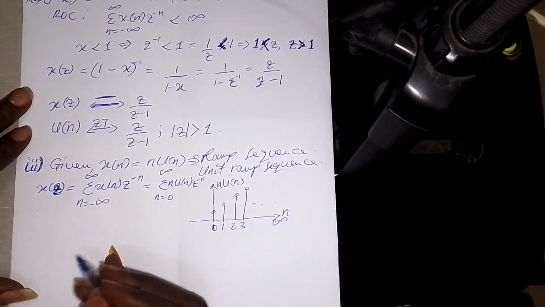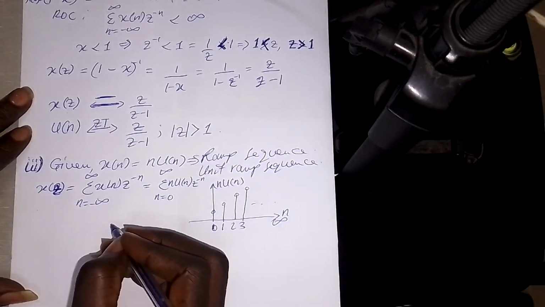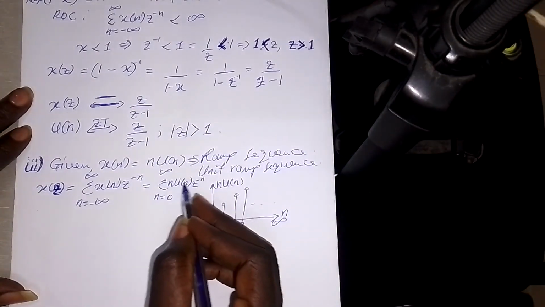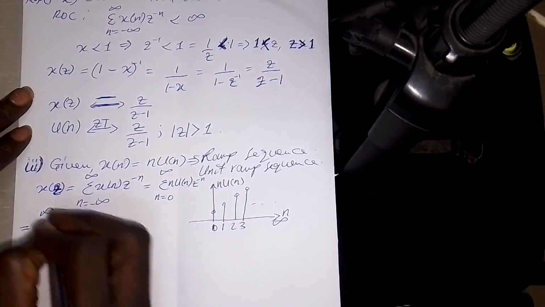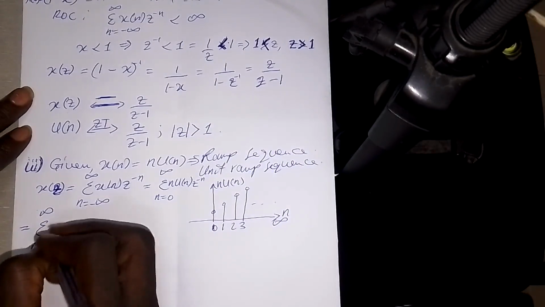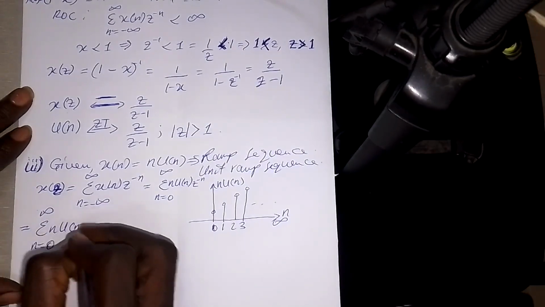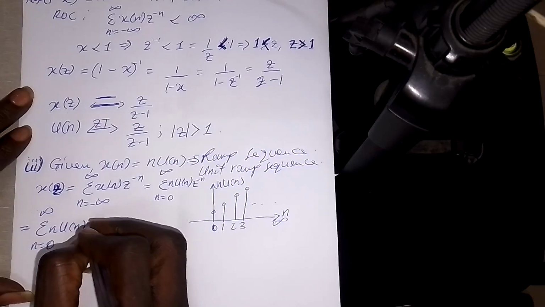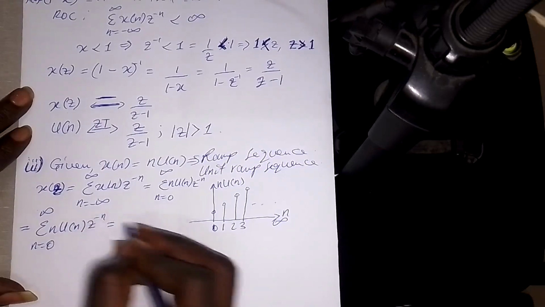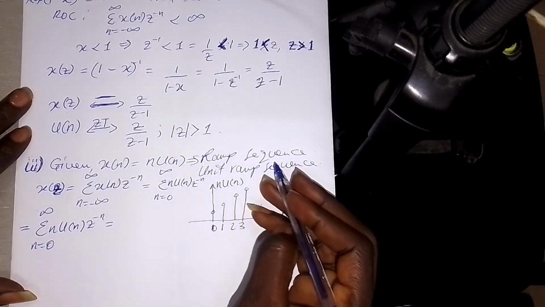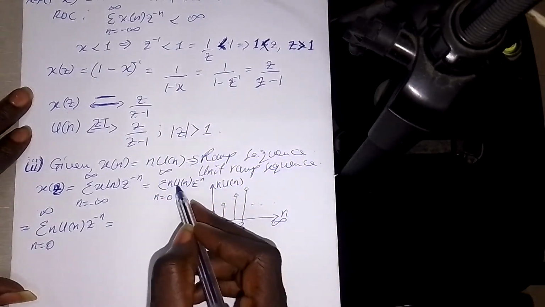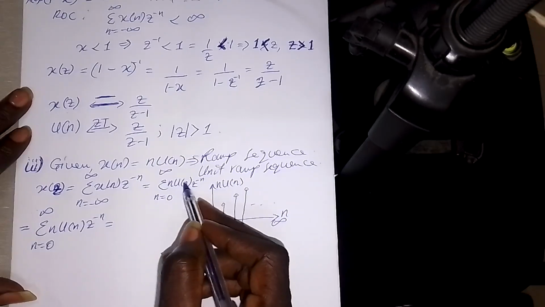Now what I can say is that u of n is 1. So let me rewrite it here. It's the summation from n equals 0 to infinity of n u of n into z to the minus n. You see that u of n is a unit step sequence, and the value for a unit step sequence is always 1.